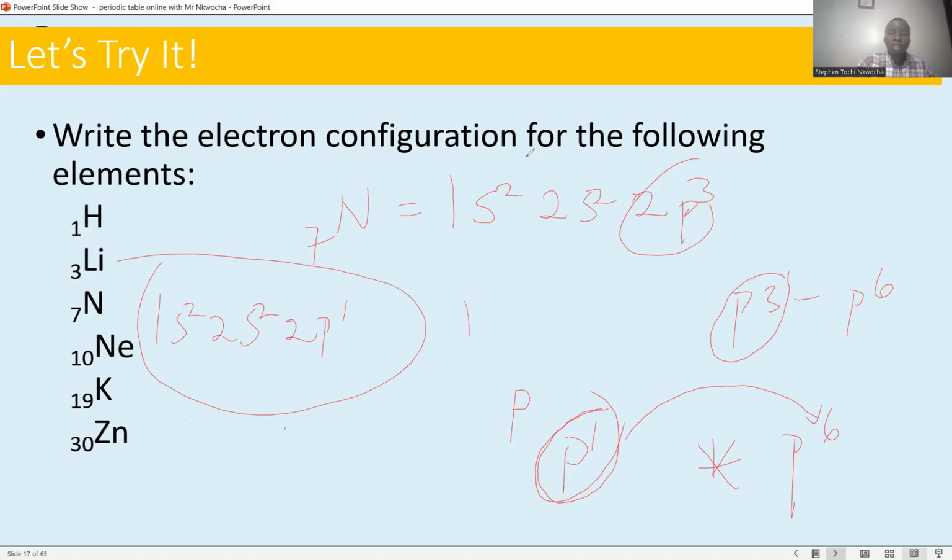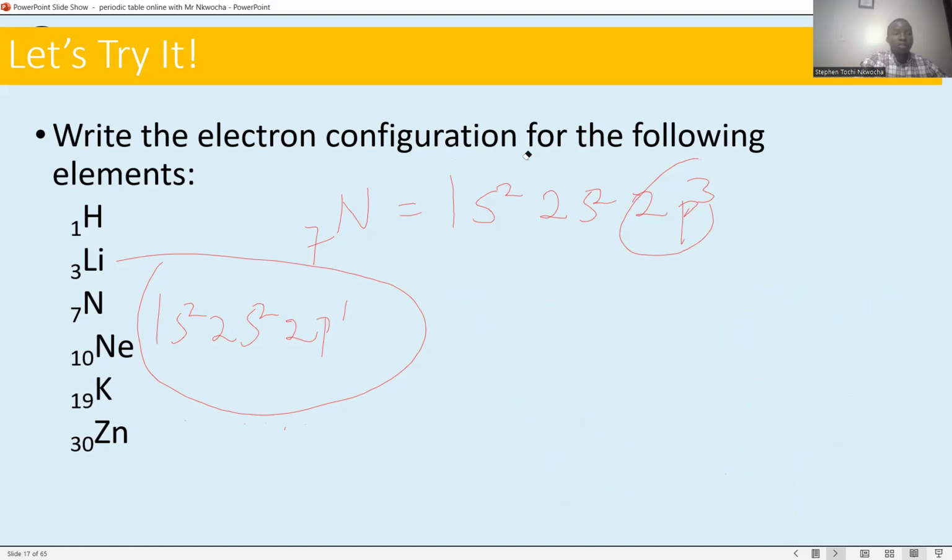It needs to get to P3 before it will behave like a non-metal. I'm very, very serious about this. Once it gets to P3, it's a non-metal. That is the reason why I always classify carbon as a non-metal. Because look at carbon now. Carbon is a very weird guy. Carbon is number 6.